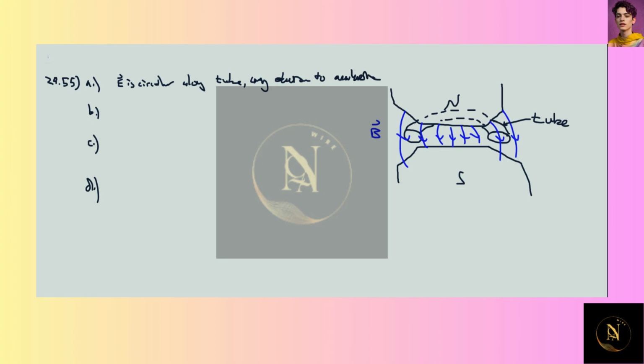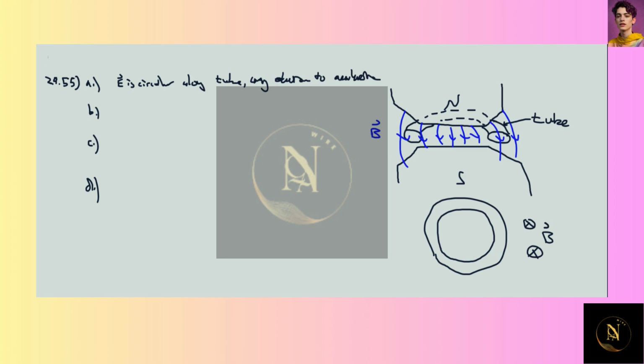Cool. Part B now says, in what direction are the electrons moving in the figure, as if we're looking down from above. If we're looking from above, this is our tube, and our B field is pointing down, so that's into the page.